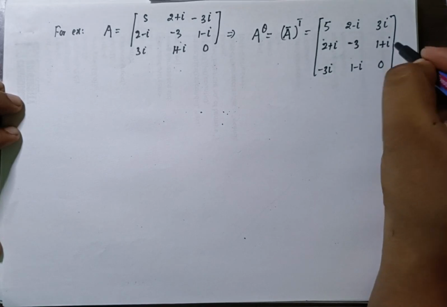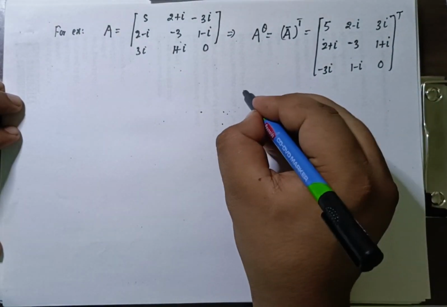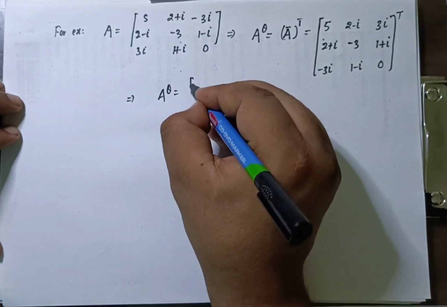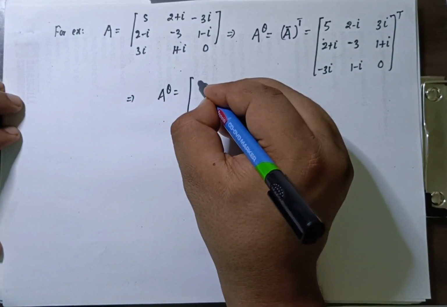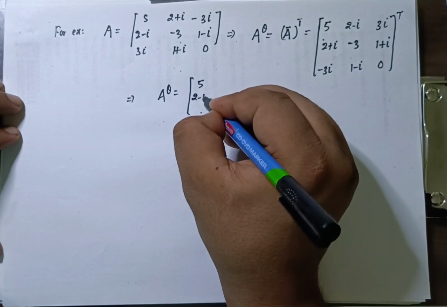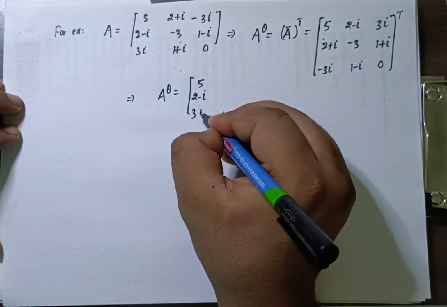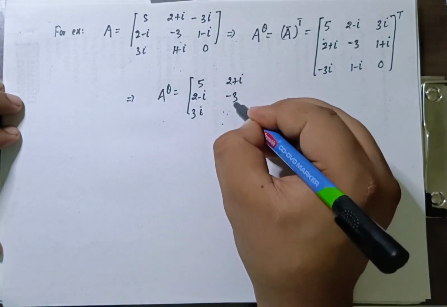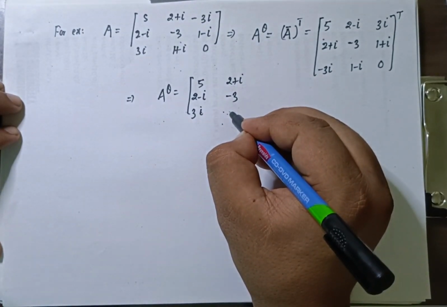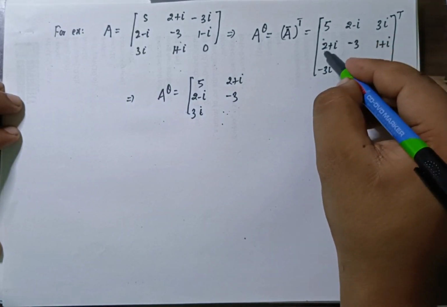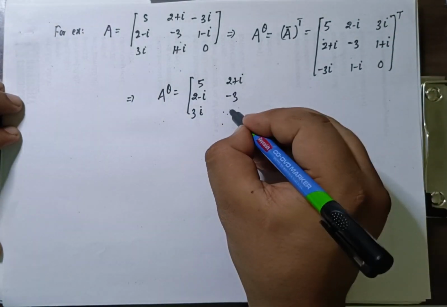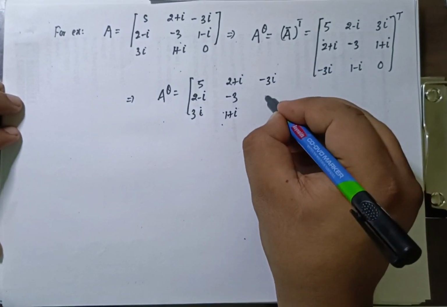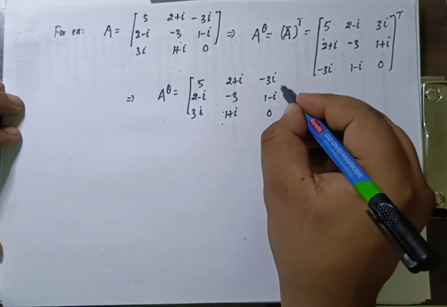It is the conjugate of the given matrix. Now we take the transpose of this. Then A theta is equal to, the first row will be converted into the column: 5, 2 minus iota, and 3 iota; then 2 plus iota, minus 3, and the second row 1 plus iota; and the third row, minus 3 iota, 1 minus iota, and 0.